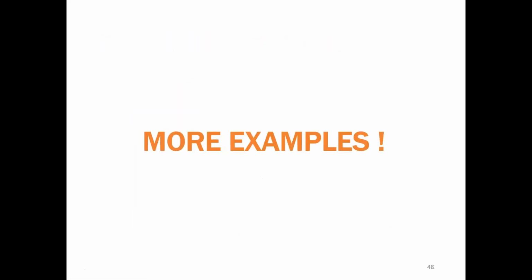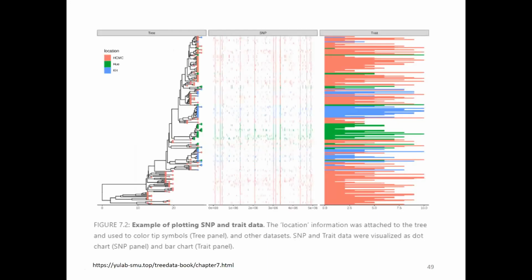Just a couple more examples that I'll show you, but we're not going to work through. The capabilities of ggtree are really awesome, although it can be frustrating at times. Once you get going with it and practicing, it's nice to have a reproducible tree. So this one here is an example that's in the ggtree book, and it's an example of plotting SNP data along with your phylogenetic tree and some different traits.